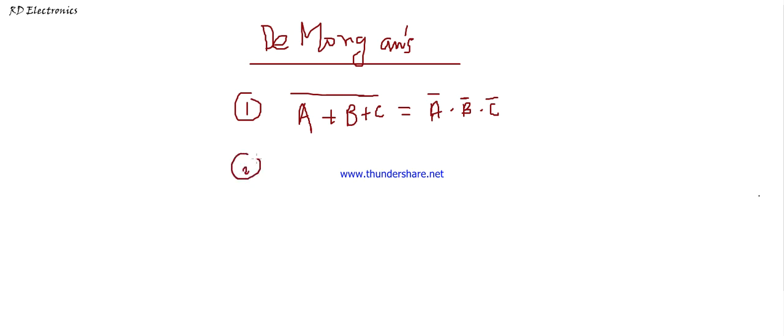And what is De Morgan's 2? In De Morgan's 2, the theorem states that A bar, B bar, C bar, this whole bar equals A bar plus B bar plus C bar.